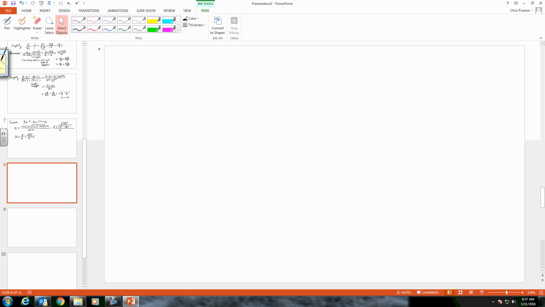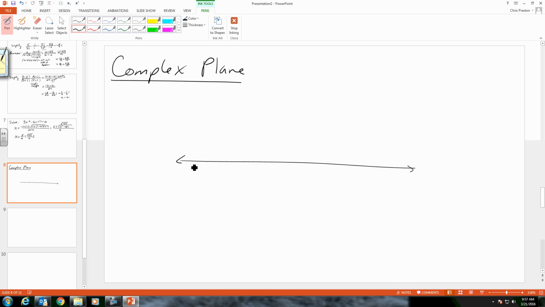All right. Last thing with complex numbers is we want to look at the complex plane. You can think of every real number as being somewhere on a number line, right? 1, 2, 3, 4.